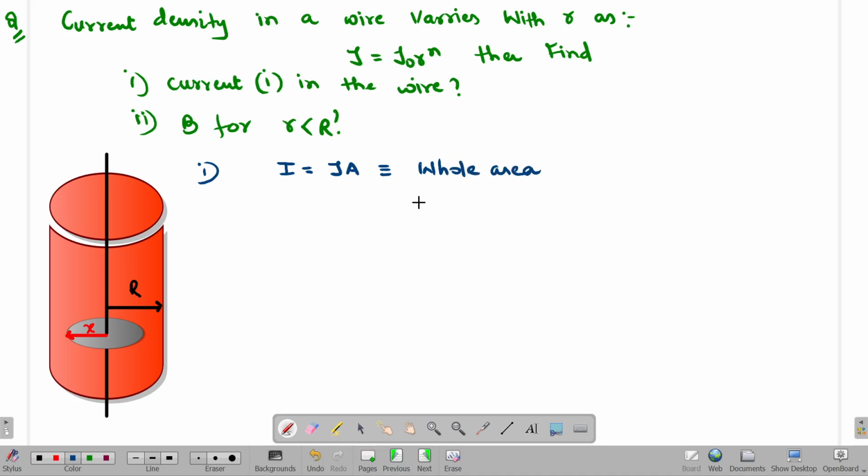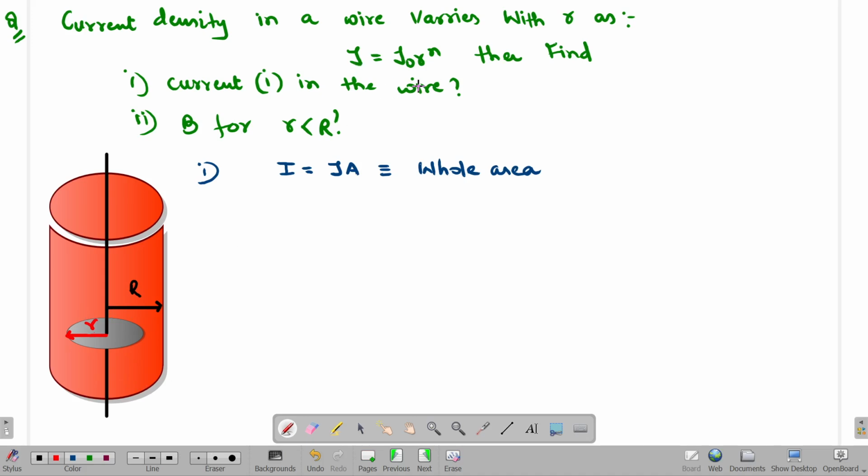But to find how much current lies within this region, let us not consider x here. Let us consider it to be small r. So how to find that? How much current is located inside it?